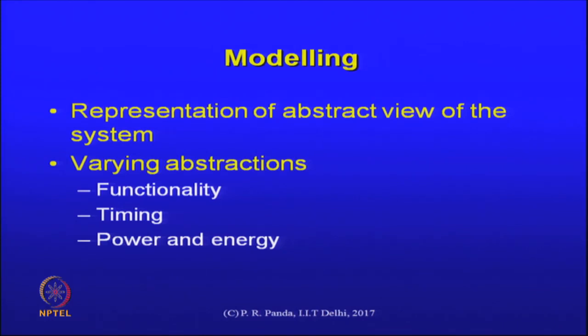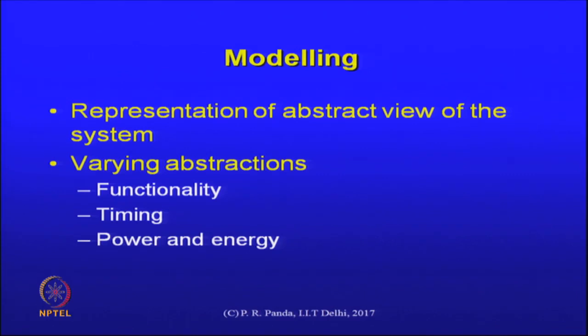Let us take a look at what is involved in the design stage. We said that there was specification, there is modeling, synthesis, simulation and so on. Let us start off with modeling, what is involved in that. What is modeling? It is a representation of an abstract view of the system.